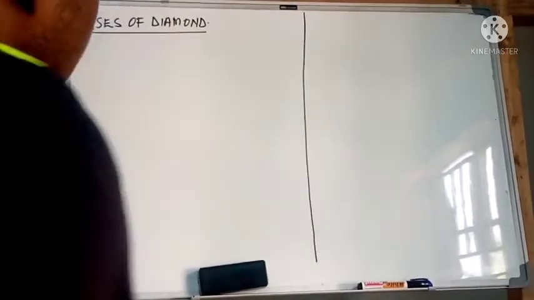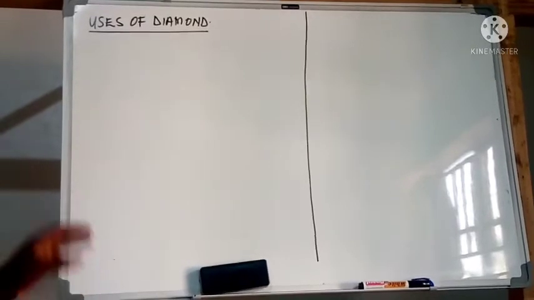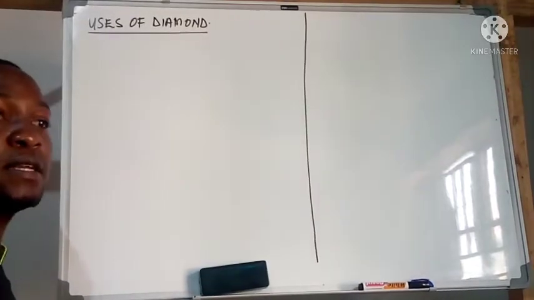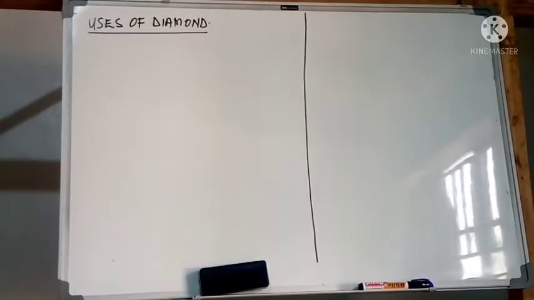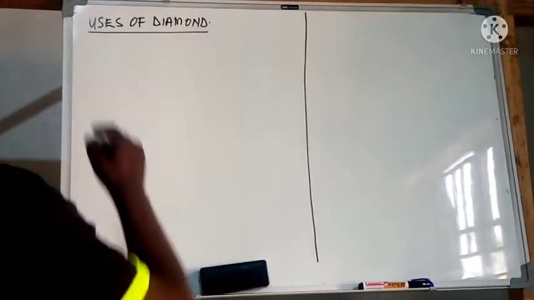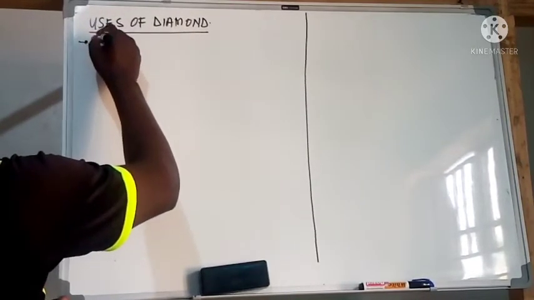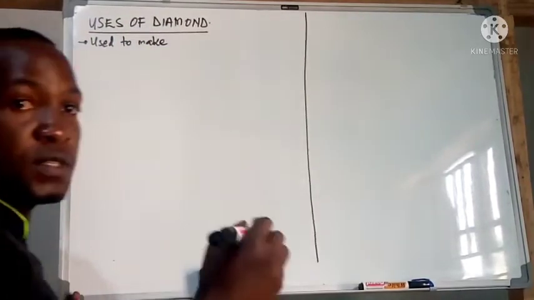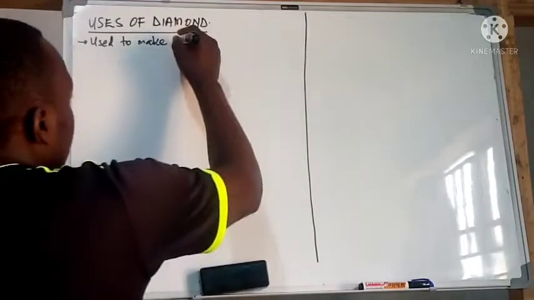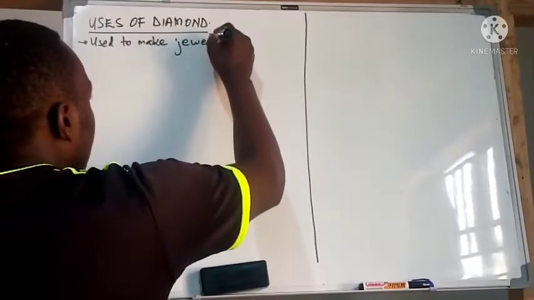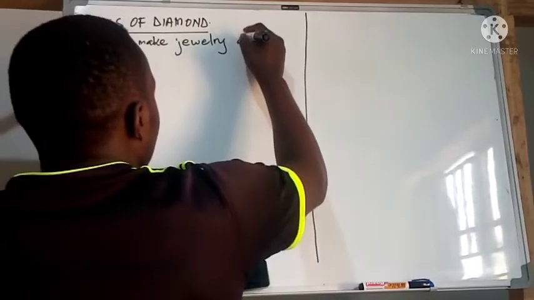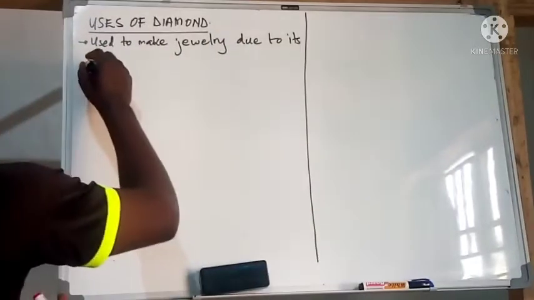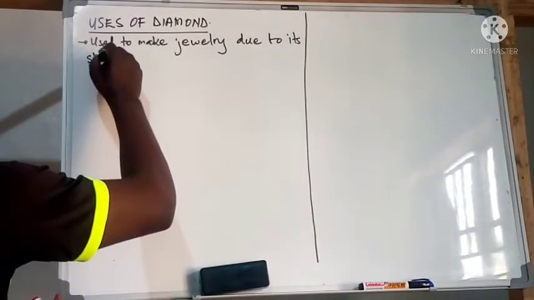When it comes to uses of diamond, the uses are derived from the properties of diamond. Because diamond is transparent and shiny, it's going to be used to make jewelry, due to its shiny appearance.